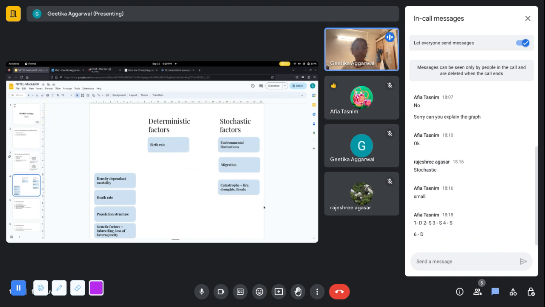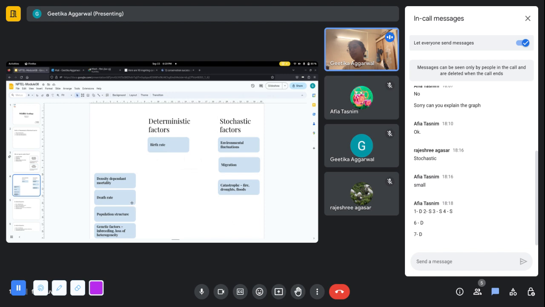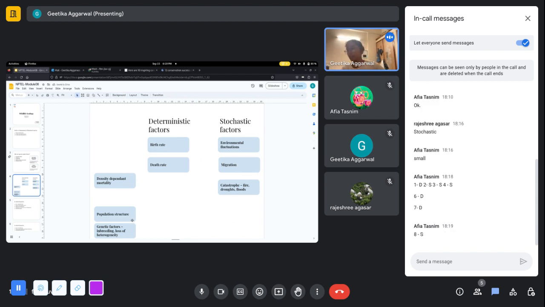So how will you categorize the other factors? Death rate is a deterministic factor. Okay. Population structure is a deterministic factor. Right.